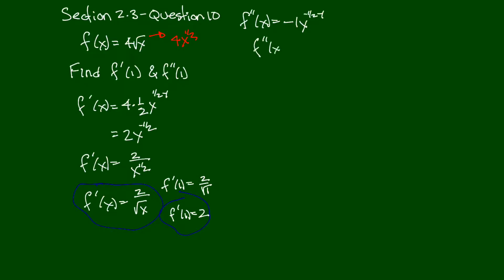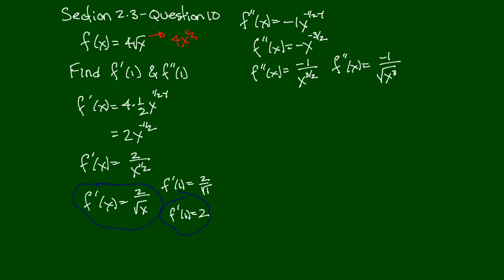So the second derivative here is negative x to the negative 3/2, or f double prime of x is negative 1 over x to the positive 3/2, or how about f double prime of x equaling negative 1 over, now this is going to be the square root of x cubed. Now I'm just going to go ahead and write it like that because it might make it easy to compute.